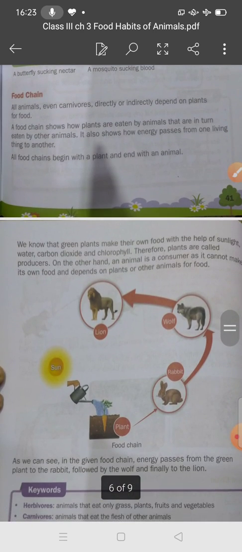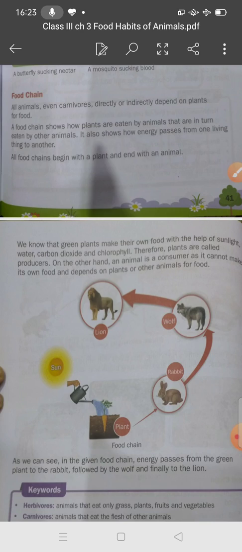Now students, in this video we will discuss the food chain. All animals, even carnivores, directly or indirectly depend on plants for food. Every organism in this universe depends directly or indirectly on each other for food.